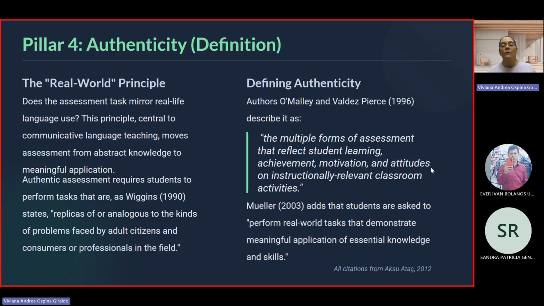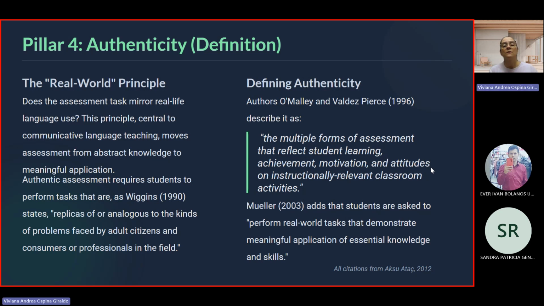Authenticity, as defined by O'Malley and Valdez, describes these multiple forms of assessment that reflect how the student achieves his learning, if he is motivated, and what his attitude is towards the classroom activities. Is he learning accurately? Is this process moving forward?